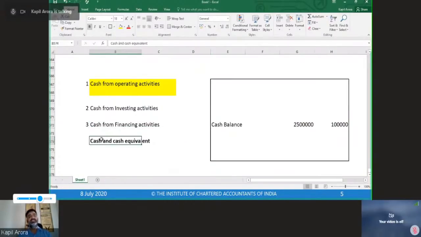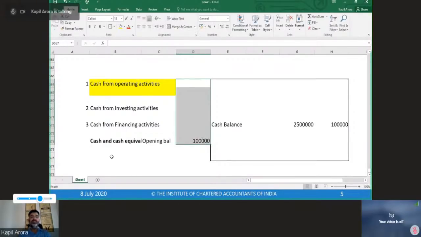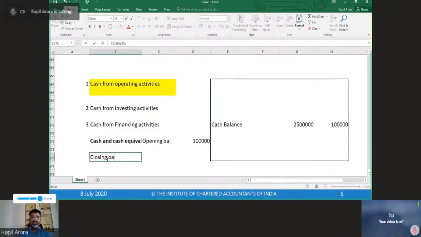In all these, we add the opening balance of cash, which is 1 lakh, and the total of all these should always be equal to the closing balance of cash, which is 25 lakh. It should always be equal so that we find whether we have recorded everything correctly or not.